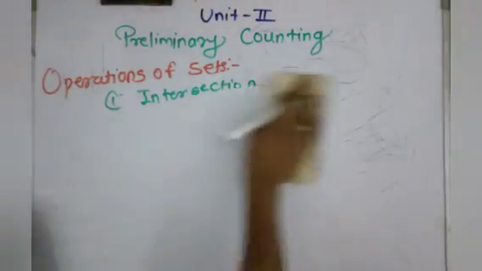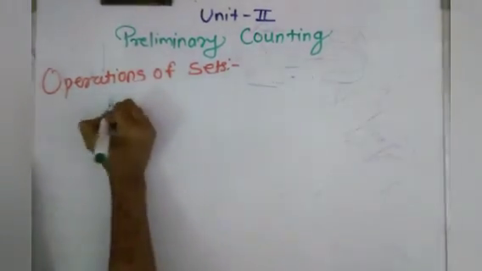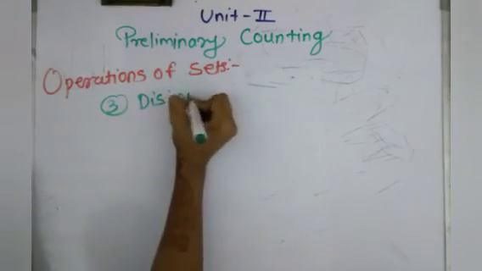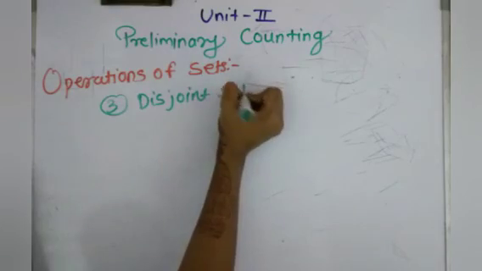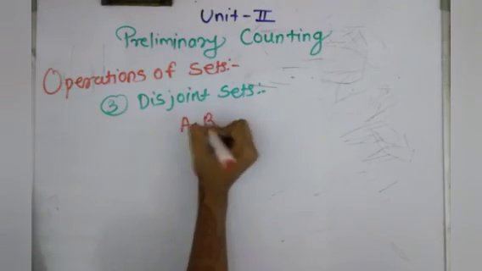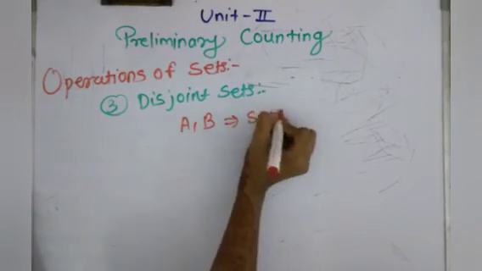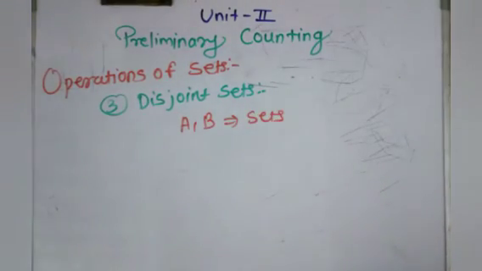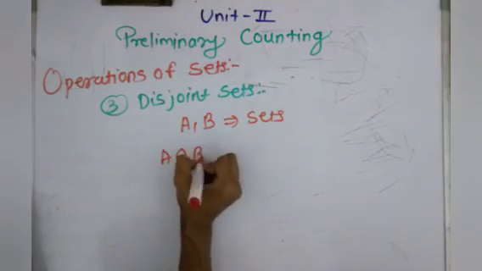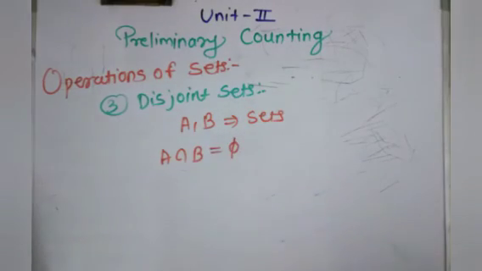Now one more operation is disjoint sets. If I have two sets A and B, then those two sets are disjoint sets if A intersection B is empty.